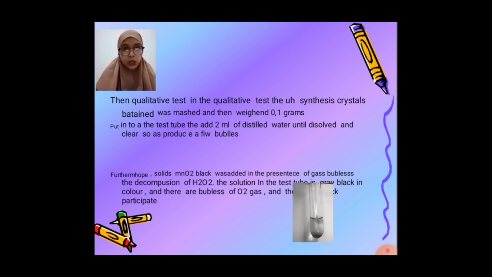Add solid MnO2, black, resulting in bubbles in the glass. The decomposition of H2O2. The solution in the test tube is gray in color, and there are bubbles of gas.